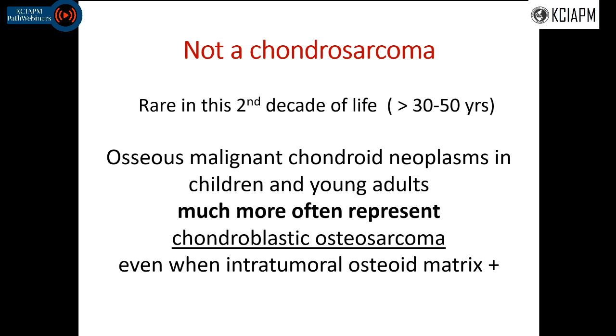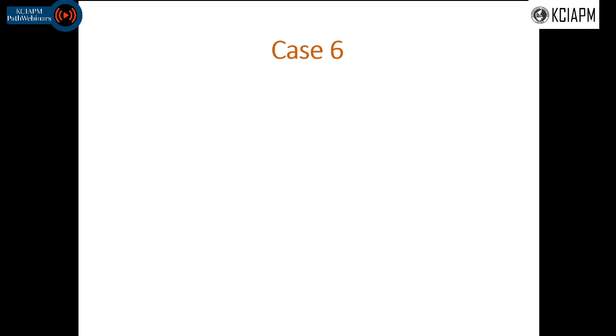Number two is that osseous malignant chondroid neoplasms in children and young adults always represent chondroblastic osteosarcomas, even when the intratumoral osteoid matrix may be very small. So we go by the statement and by the other features that it is a chondroblastic osteosarcoma.